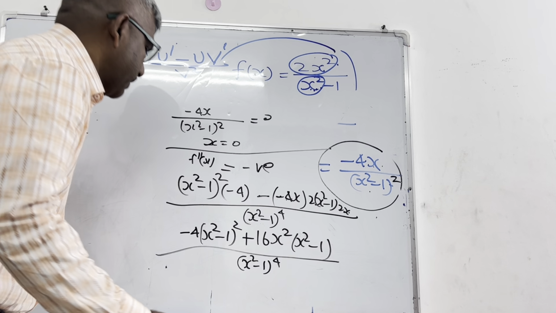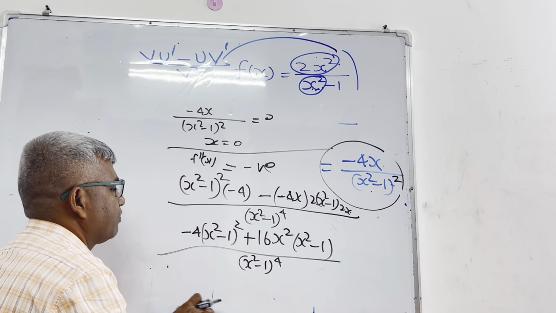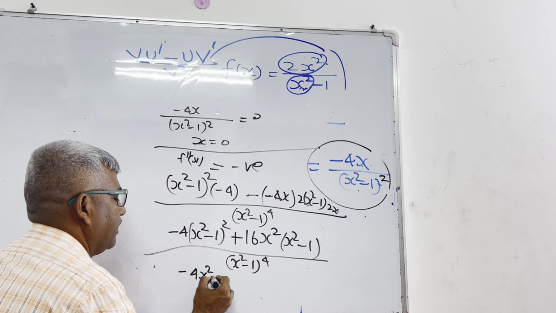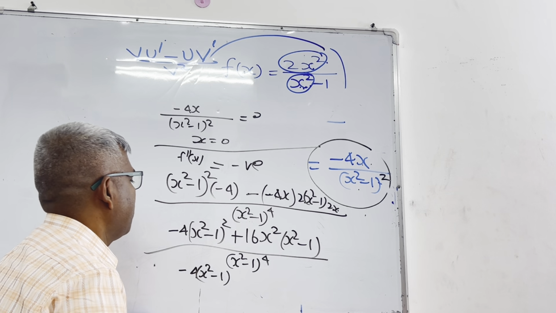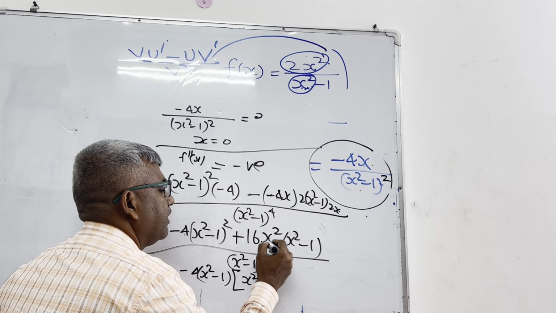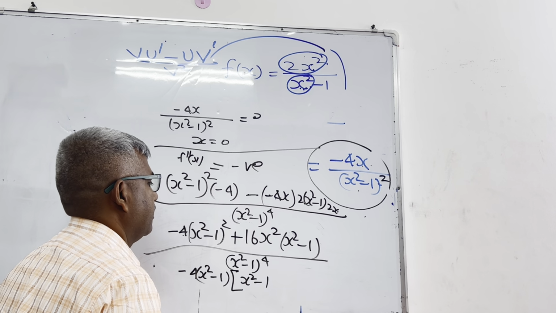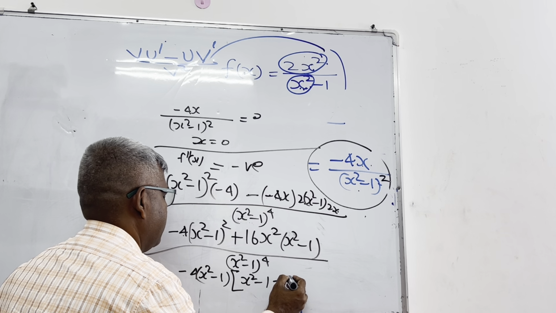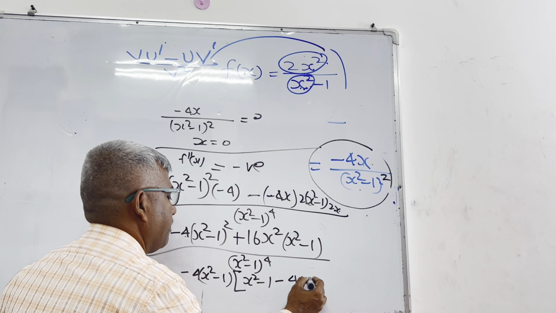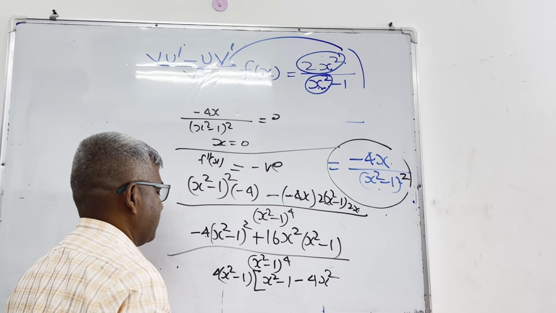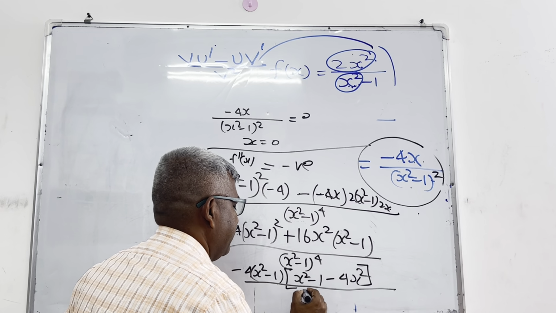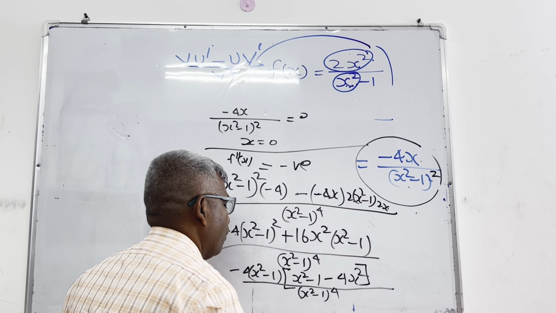Okay, now what is common here? 4 times x squared minus 1 is common. I am taking minus 4 times x squared minus 1 common. So what will be the balance? Here x squared minus 1 is there, and here minus 4x squared will be there, divided by x squared minus 1 to the power of 4.